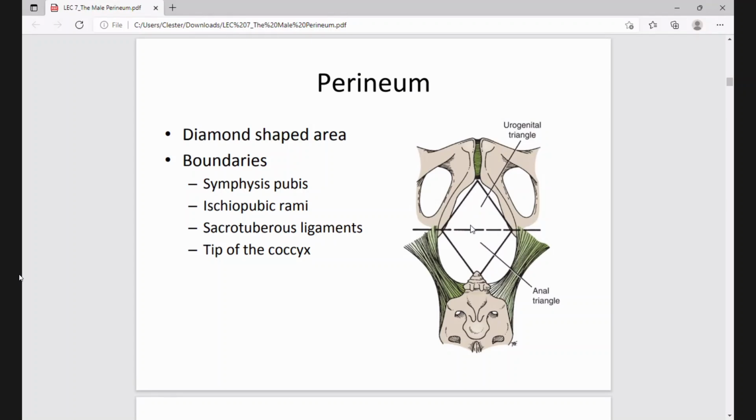The anterior triangle is known as the urogenital triangle, while the posterior triangle is the anal triangle. Each of the two triangles will contain different structures, and understandably they will also be covered by different layers of fascia.